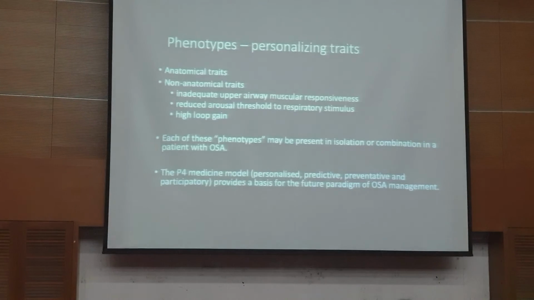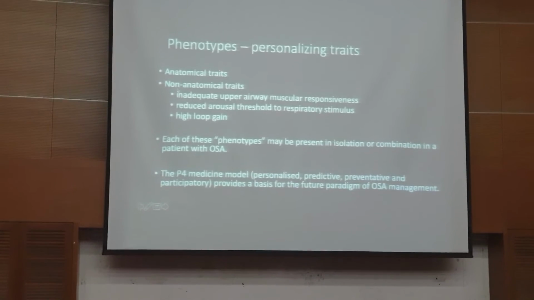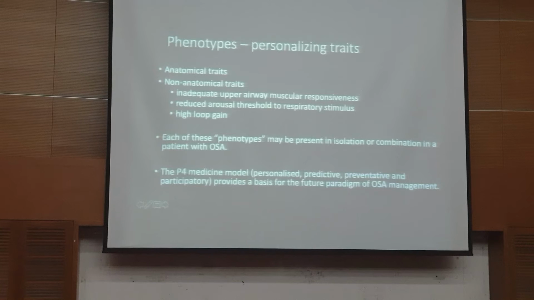So what are the non-anatomical traits? Anatomical traits you understand, the collapsible airway. Non-anatomical traits, you are talking about inadequate upper airway muscular responsiveness. The dilator muscle is not effective. By right there should be some sensors that stimulate the pharyngeal airway to open. Or the patient has a reduced arousal threshold. Sikit-sikit dia terbangun, sikit-sikit dia terbangun.